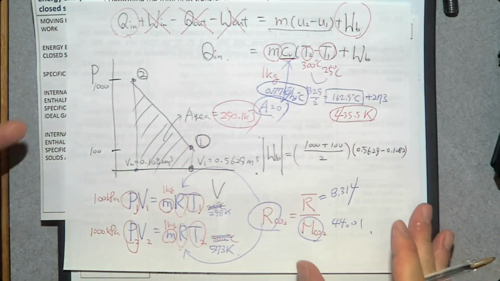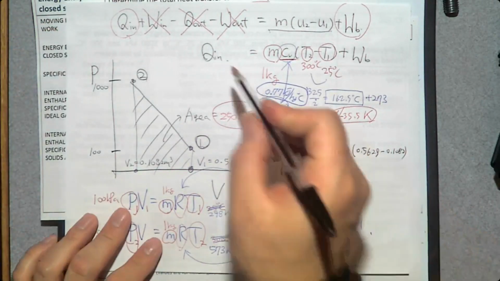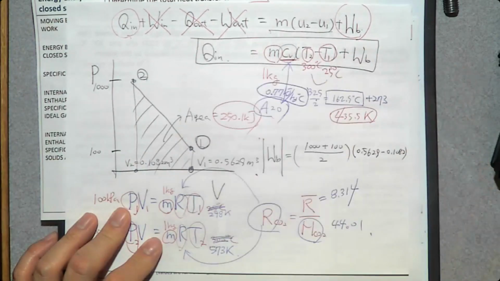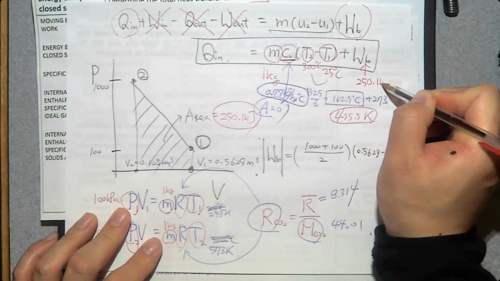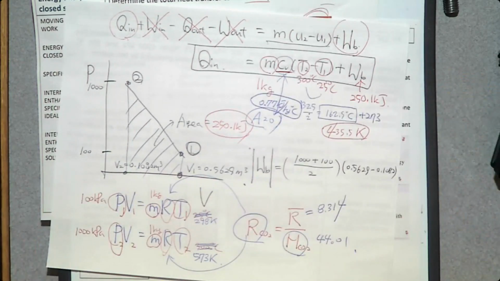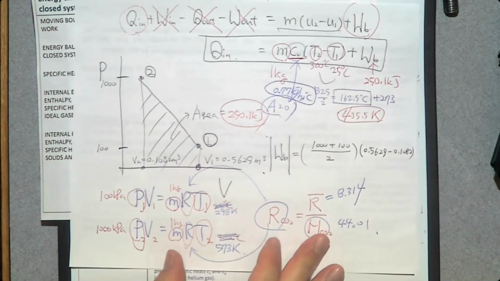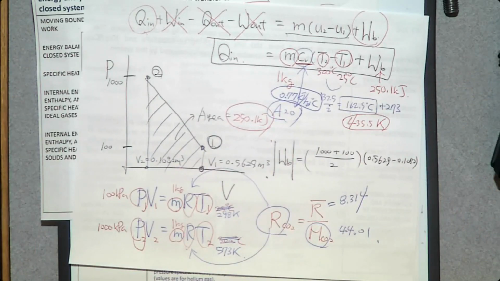So going back to this energy balance equation, WB is 250.1 kilojoule. So you can determine Q in. Is this right or wrong? You have 50% chance to be right, right? Wrong.